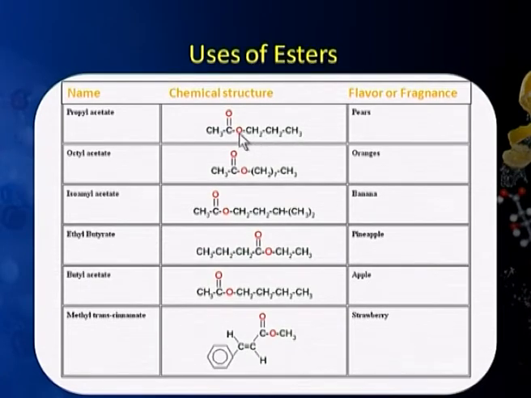This is propyl acetate, which has the fragrance of pears, then octyl acetate oranges, isoamyl acetate banana, ethyl butyrate pineapple, ethyl acetate apple, and methyl transcinnamate, the methyl ester of transcinnamic acid, has the smell of strawberry.